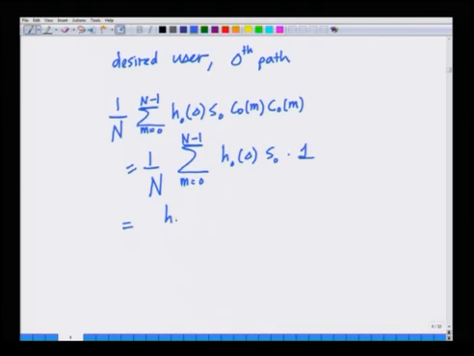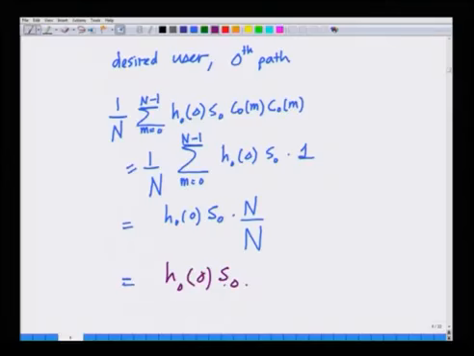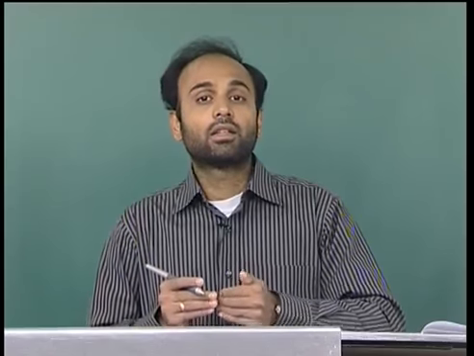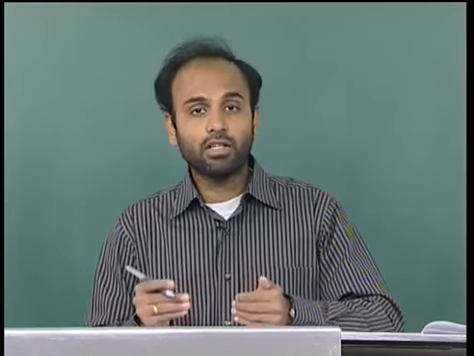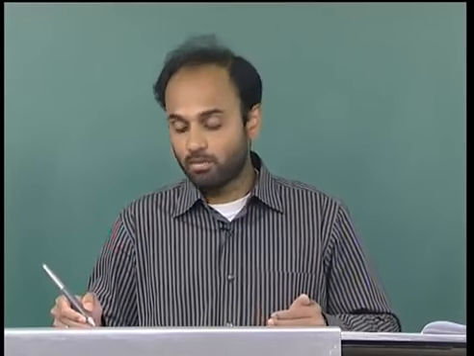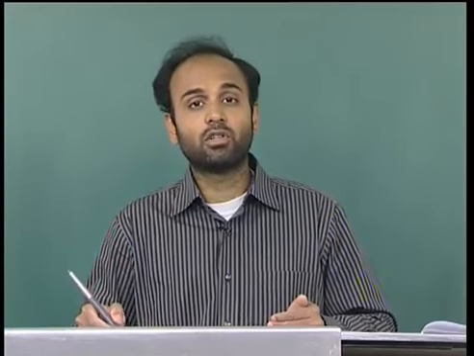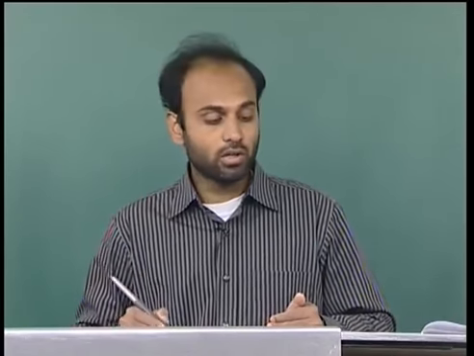This is simply nothing but h 0 0 into s 0 summed n times, which is n over n, which is nothing but h 0 0 s 0. Alright. So, the first component, as in the rake receiver, the correlation with c 0 m, which corresponds to a lag of 0, extracts the 0th path of the desired user, and that is what we are observing. It is nothing but symbol 0 of the user 0 multiplied by the channel coefficient h 0 0, which is the channel coefficient corresponding to the 0th path.